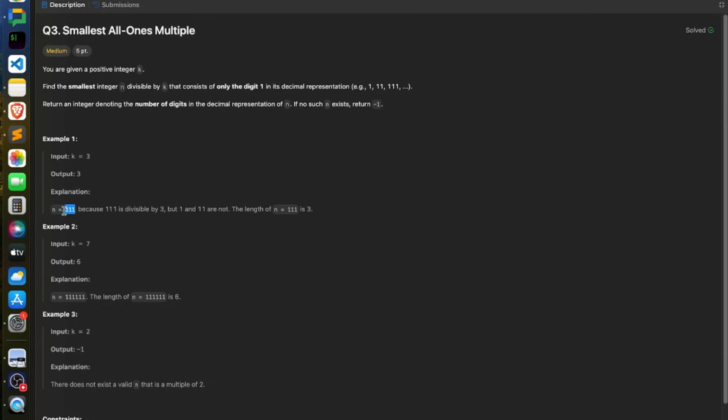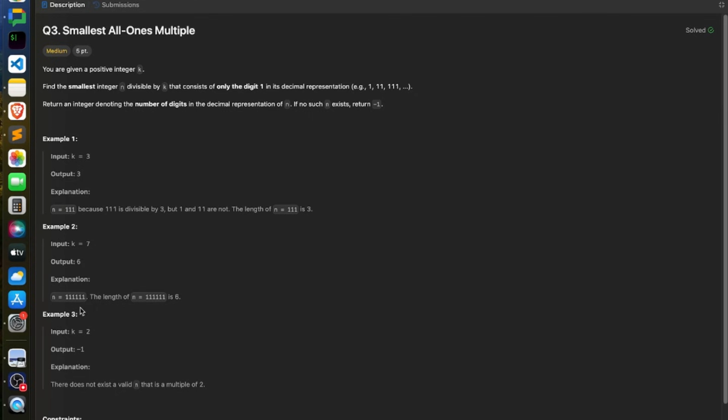So the minimum number divisible by 3 is 111, which has only 1 in its decimal representation. For 7 it is 6 ones, right? In the answer you don't have to return the integer itself, you just have to find out how many ones there are. So instead of returning 1 1 1 1 1 1, you just return 6.